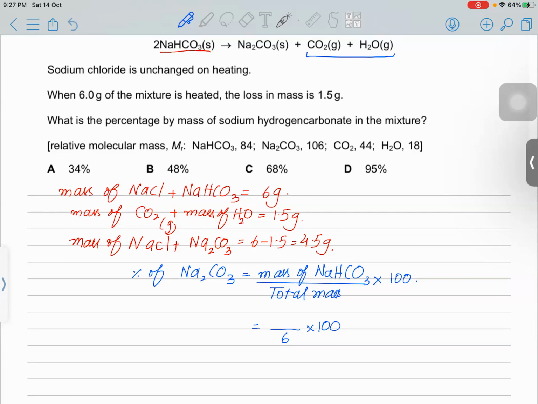Sir, what do you have to find? You have to find the percentage by mass of sodium hydrogen carbonate. In the numerator you will write the mass of sodium hydrogen carbonate, which is required, and in the denominator you will write the total mass, and then multiply by 100.